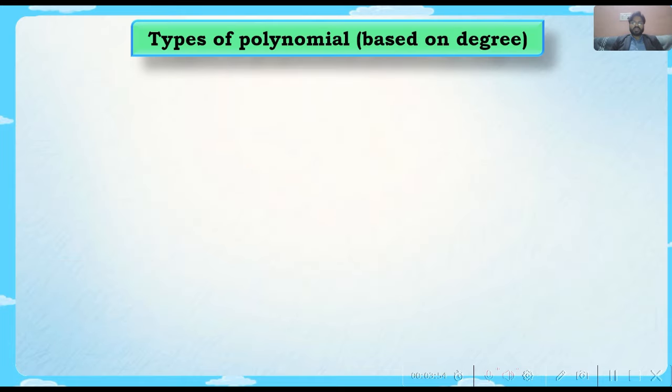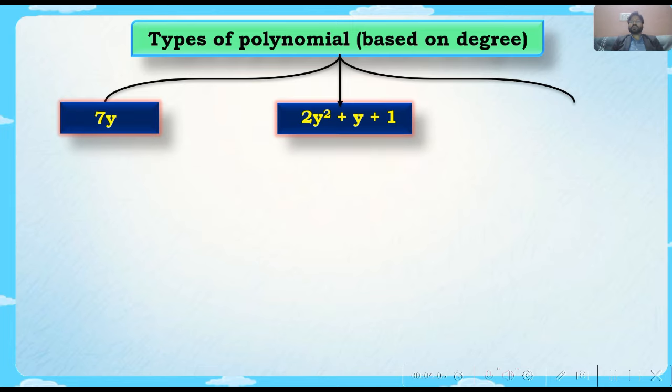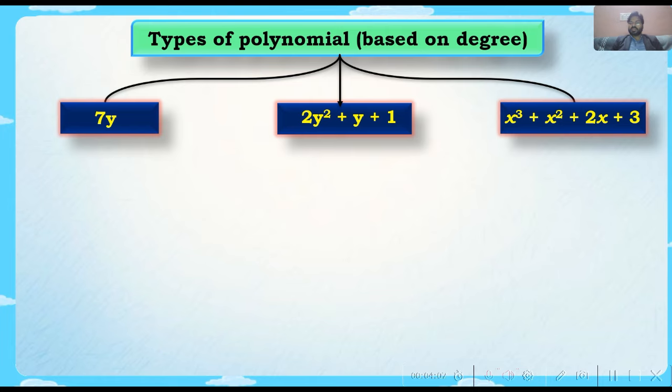Now we have to discuss types of polynomial based on degree. 7y, 2y square plus y plus 1, x cube plus x square plus 2x plus 3.